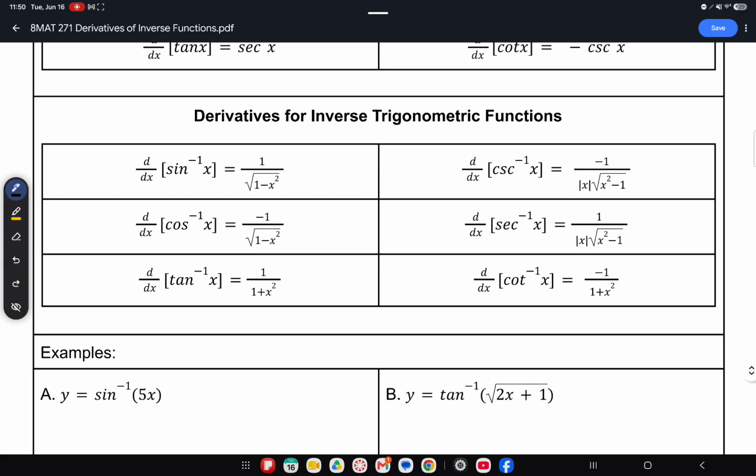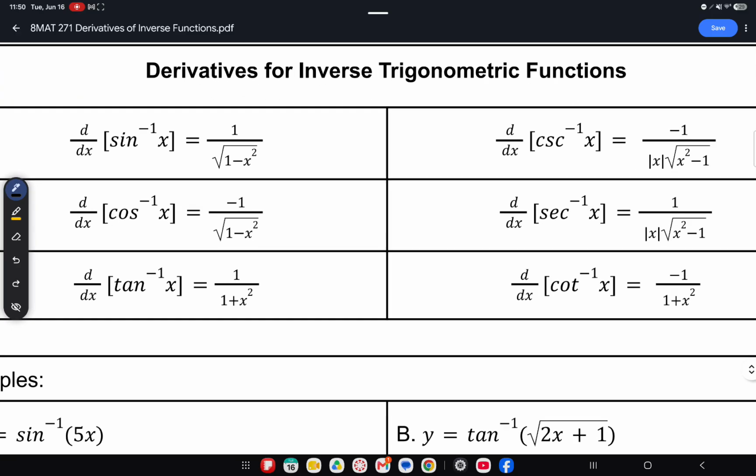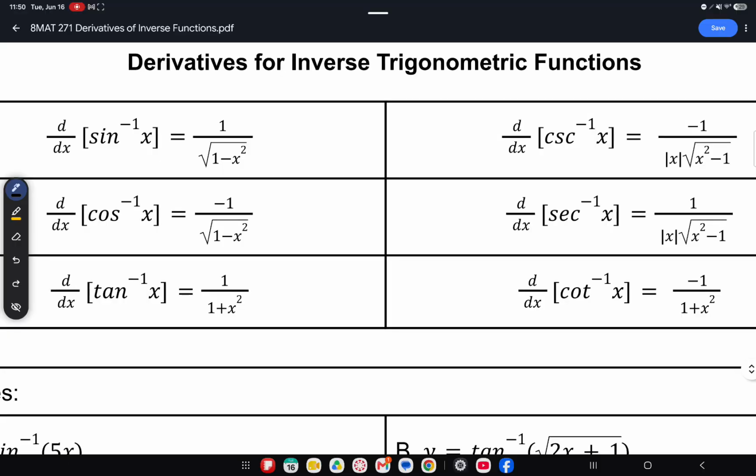All right, so here are listed the derivatives for the inverse trig functions. So I've got inverse sine. The derivative is 1 over the square root of 1 minus x squared. For the inverse cosine, negative 1 over the square root of 1 minus x squared. All right, so on and so forth.